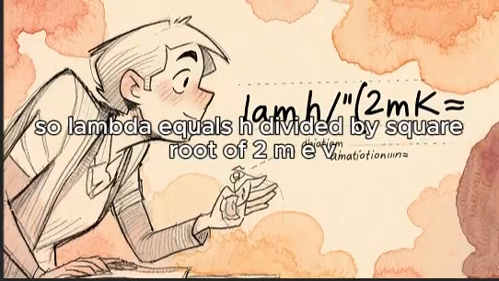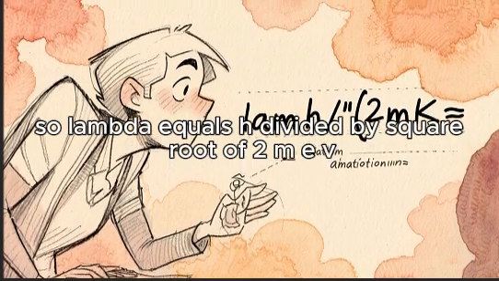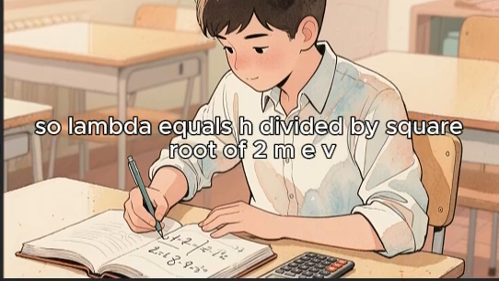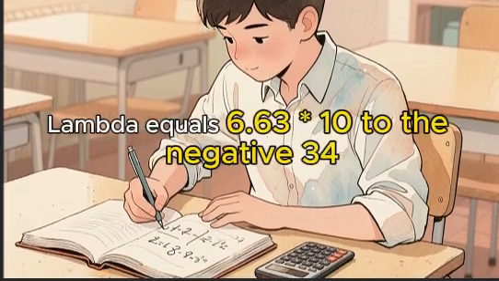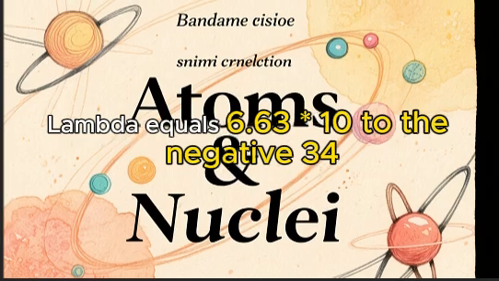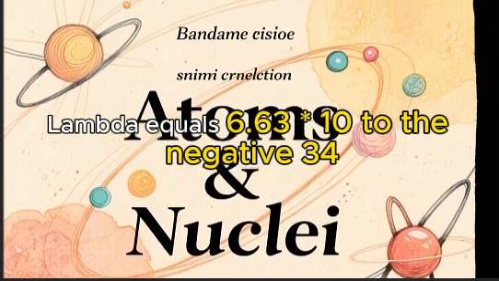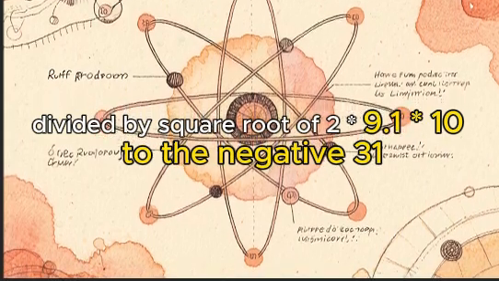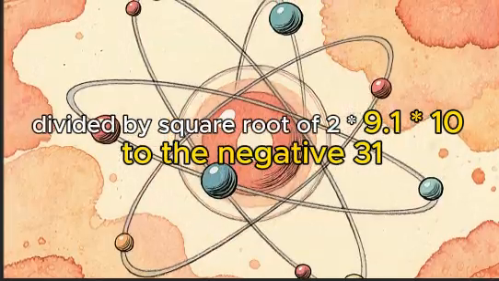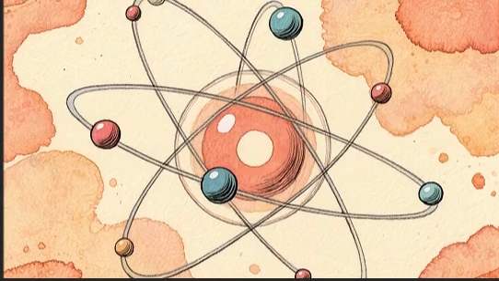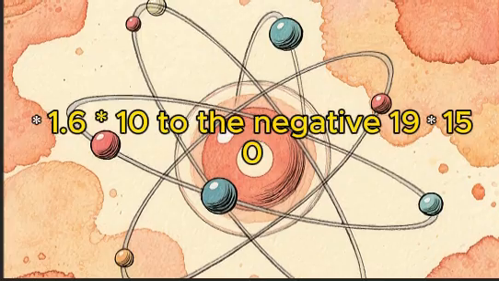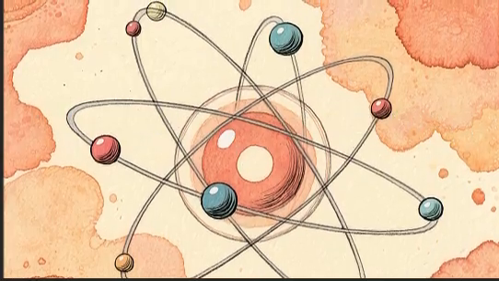So lambda equals h divided by square root of 2meV. Lambda equals 6.63 times 10 to the negative 34 divided by square root of 2 times 9.1 times 10 to the negative 31 times 1.6 times 10 to the negative 19 times 150.